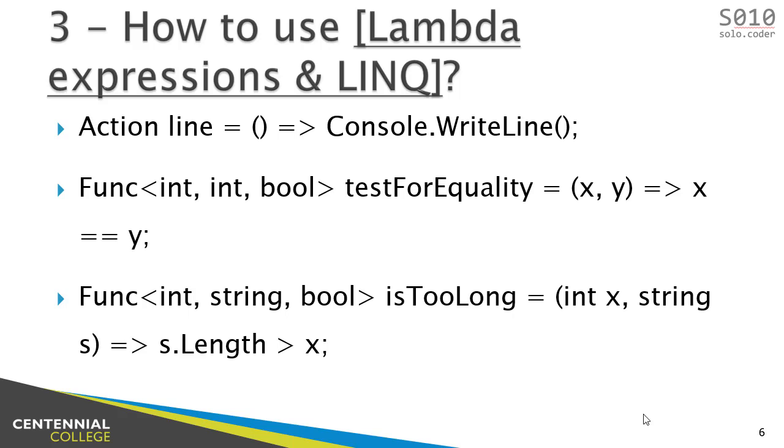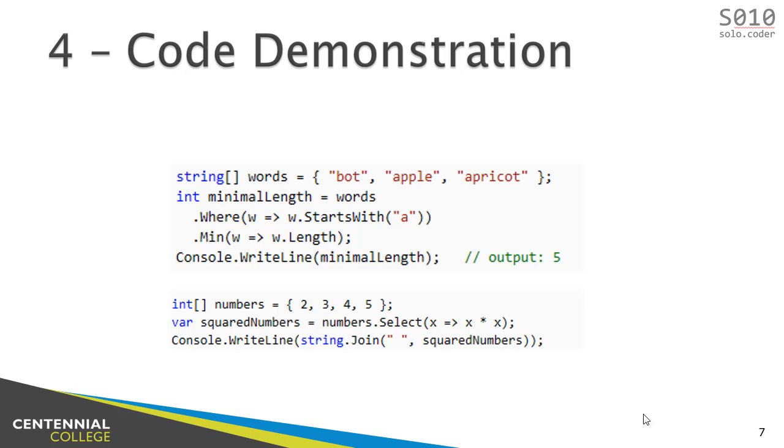It takes 2 parameters, which are ints, and returns a boolean. So this one will return x equals y. It takes the first parameter x int and y int, and the third one is similar to the second one. Good. So we got 2 examples.